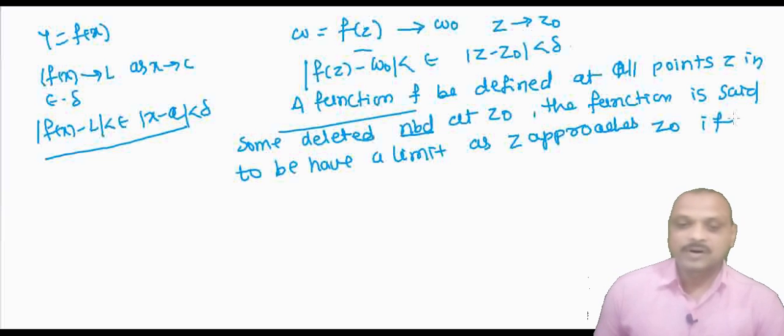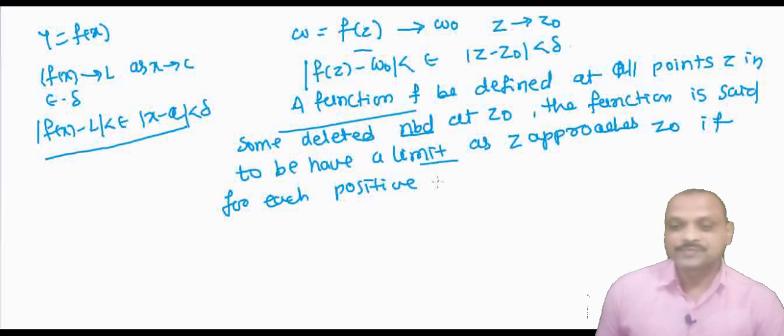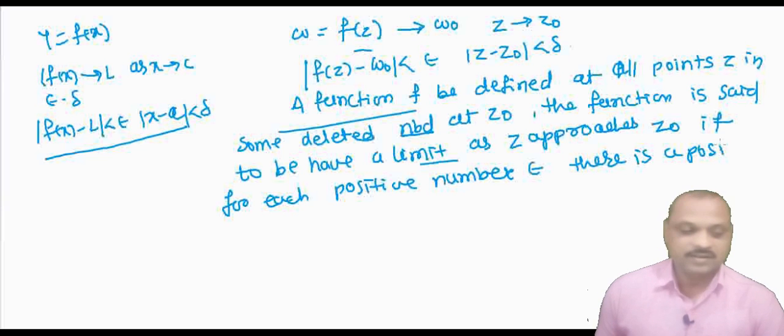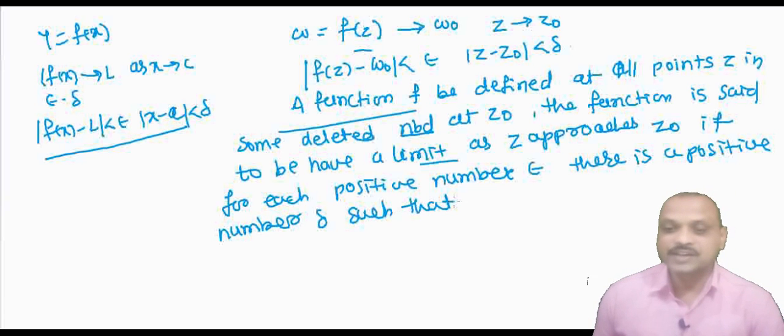if for each positive number epsilon, there is a positive number delta such that this condition, mod of f of z minus w0 is less than epsilon, holds whenever mod of z minus z0 is less than delta.